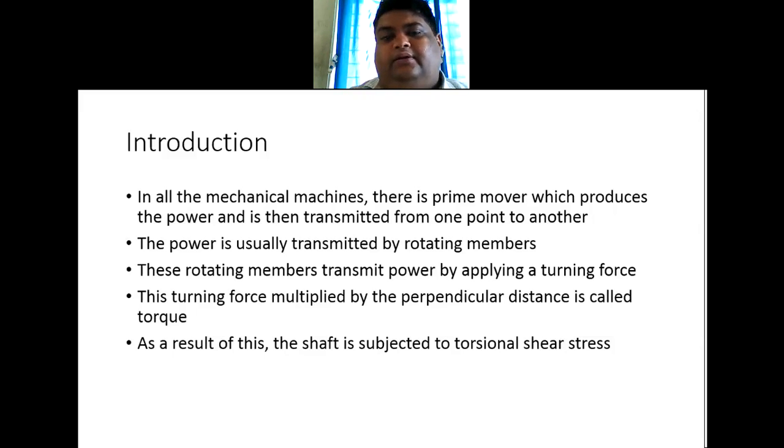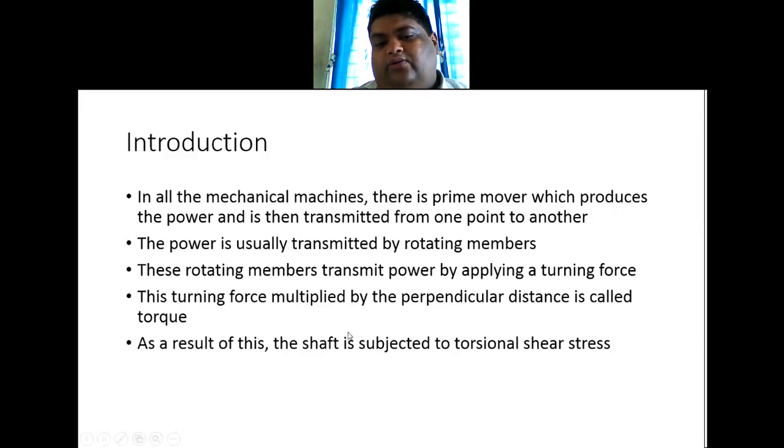Whereas here, in case of torsion, when you are transmitting the torque, right, we are trying to twist the shaft, and when the shaft is being twisted, the shaft material resists the twist, because of which the shaft can get sheared, right?